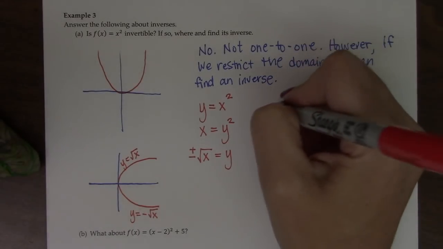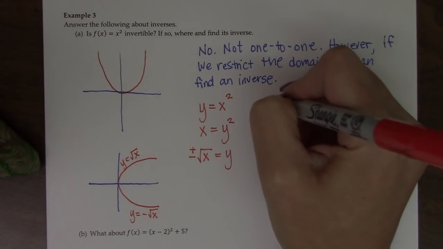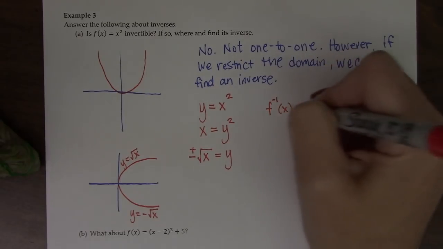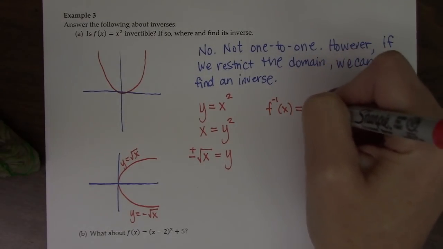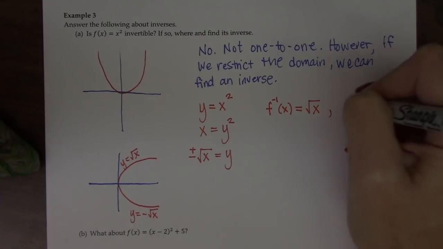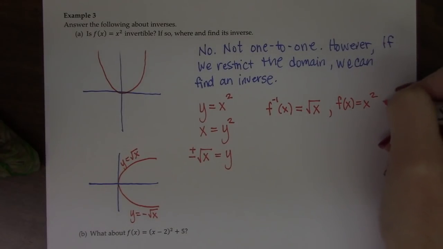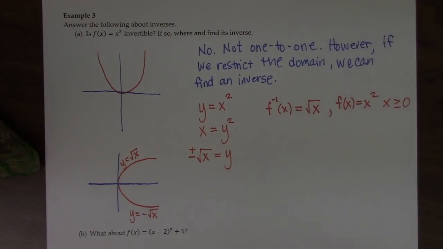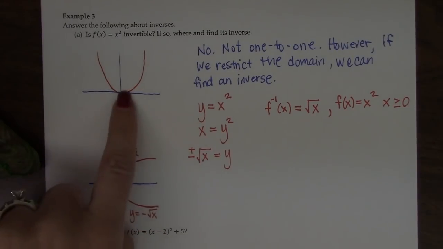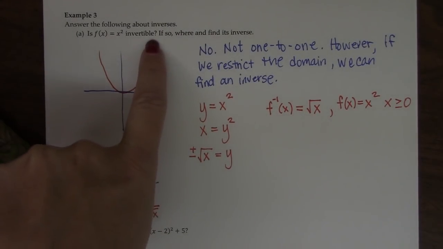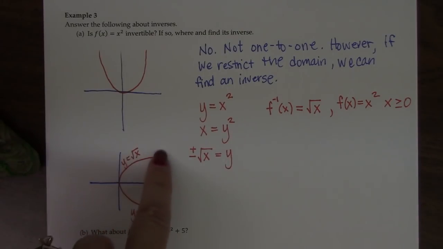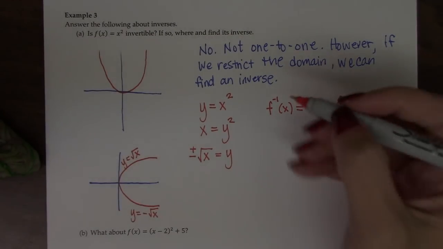We could say f inverse of x could be the square root of x if we restrict the graph of x squared to values greater than or equal to 0. So if we only take the right side of this parabola, then the inverse would be the positive square root of x.